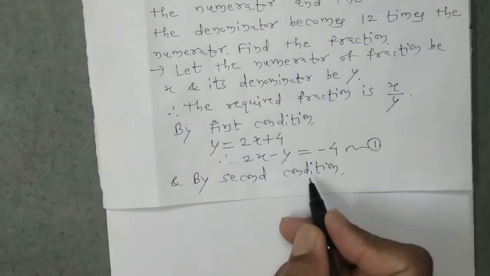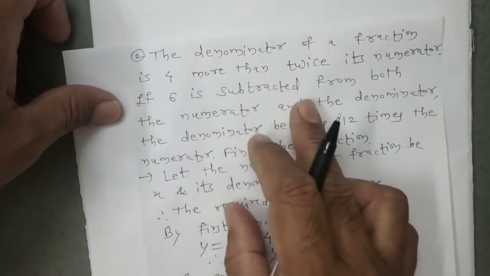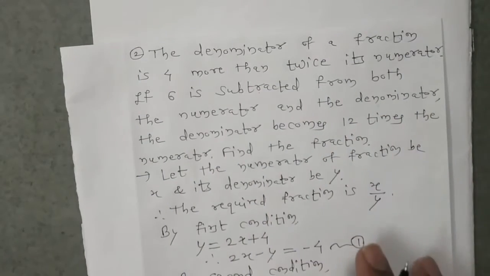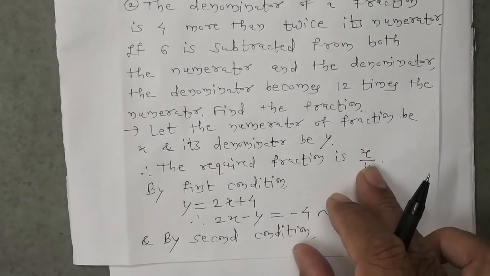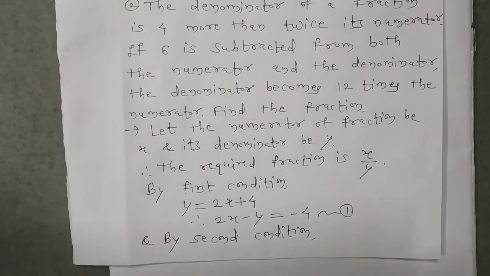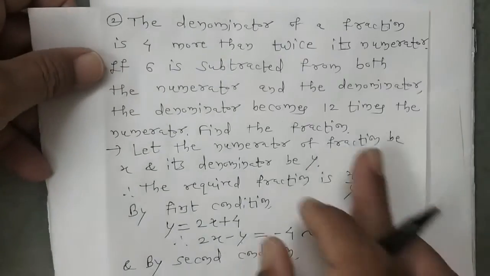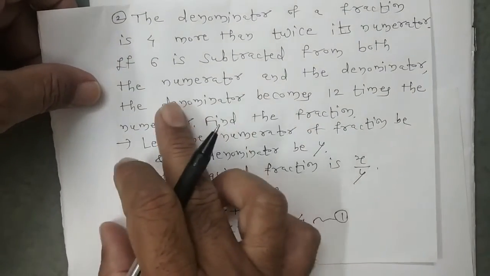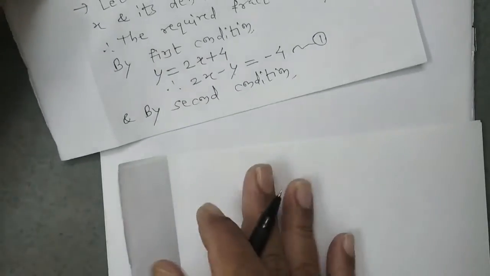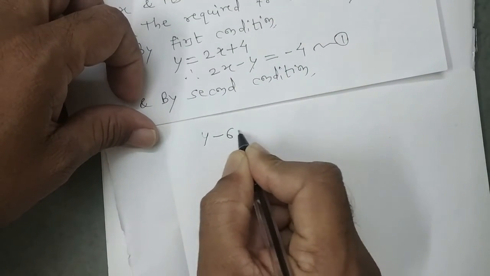And by the second condition, if 6 is subtracted from both numerator and denominator: if 6 is subtracted from the numerator, we get x minus 6, and from the denominator, we get y minus 6.